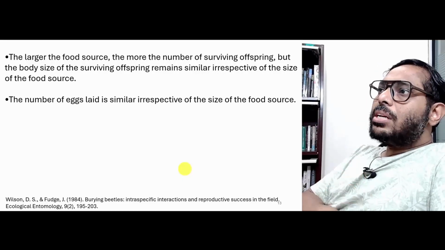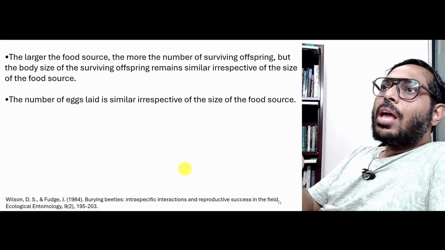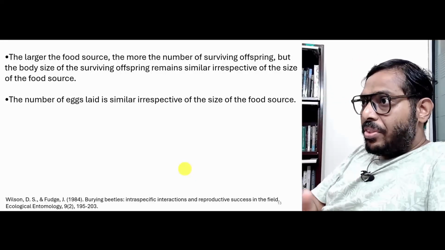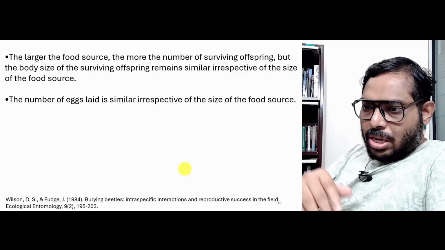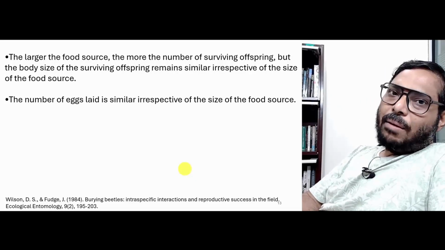One possibility is that maybe there is a lot of competition between the larvae and only a fixed number, or only a fixed fraction, is able to survive. But if you directly observe the beetles, which is what was done by Wilson and Fudge, you realize that is not what is really happening.